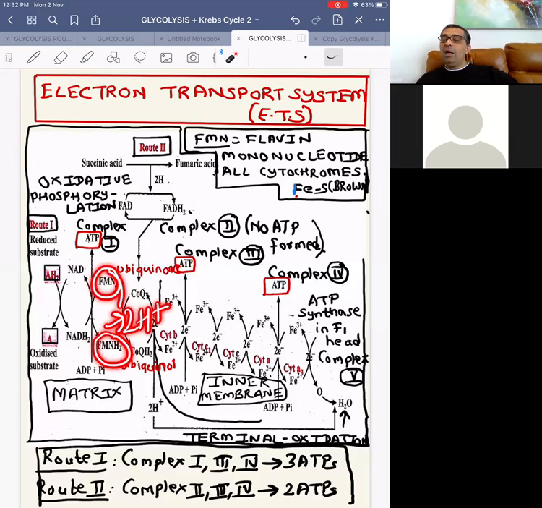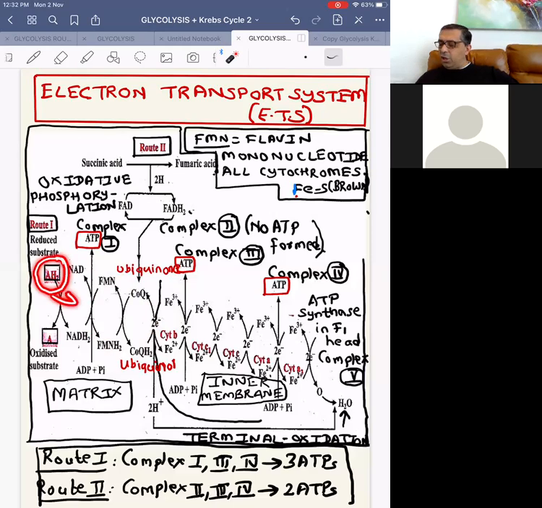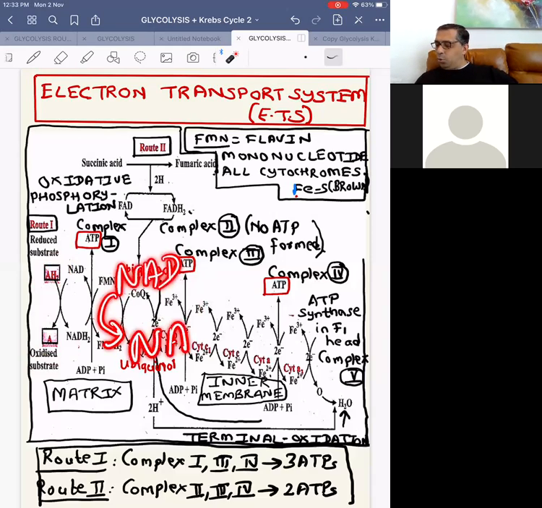तो अगर ध्यान से, continuously oxidation reduction चल रहा है. First the substrate underwent oxidation. Then the hydrogen was accepted by NAD, and NAD got reduced to become NADH2.